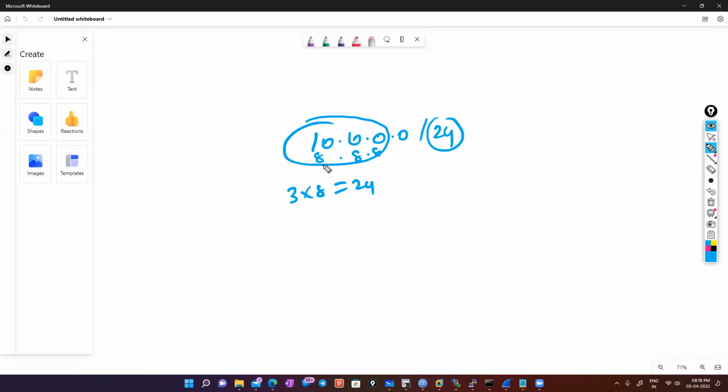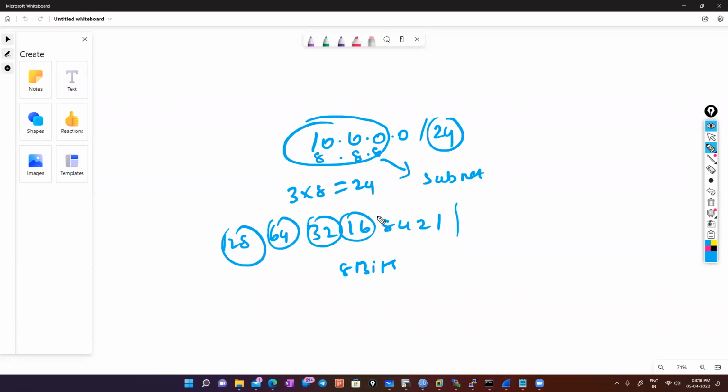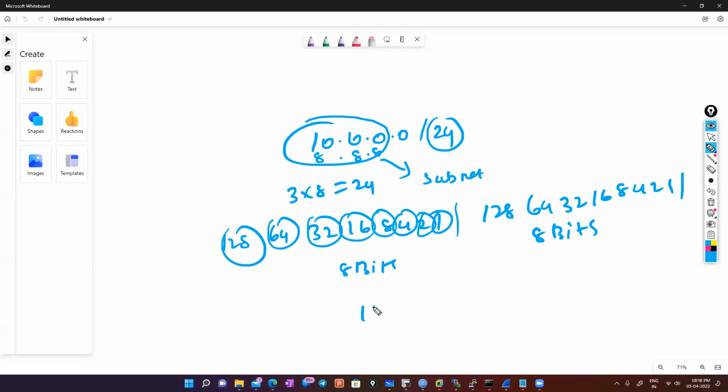From the same thing, you can find your subnet mask. If it is an 8-bit block, the values are 128, 64, 32, 16, 8, 4, 2, 1. Same way, first block, 8 bits: 1, 2, 3, 4, 5, 6, 7, 8 bits. It goes on the same way: 128, 64, 32, 16, 8, 4, 2, 1 for the next 8 bits, then again for the next 8 bits.